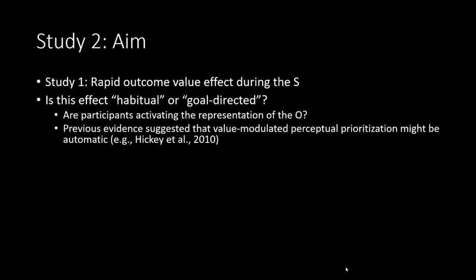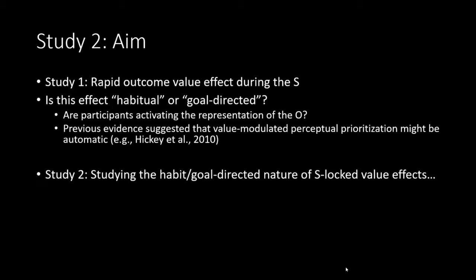So the first interpretation is the goal-directed interpretation of this effect, and the second one would be the more automatic, habitual way. This is interesting because previous papers have suggested that because of reward, you can change how you perceive things, and you can prioritize some stimuli over others if they are related with high value reward.